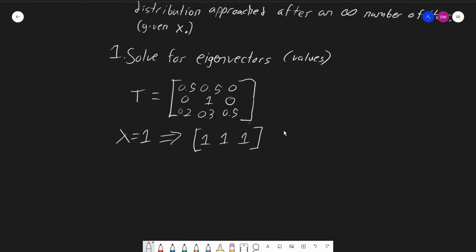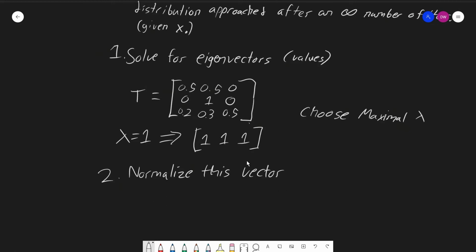Now all we need to do to get the stationary distribution is step 2. I'll make a note: we want to choose the maximal lambda and the corresponding vector. Then step 2 is normalize this vector.